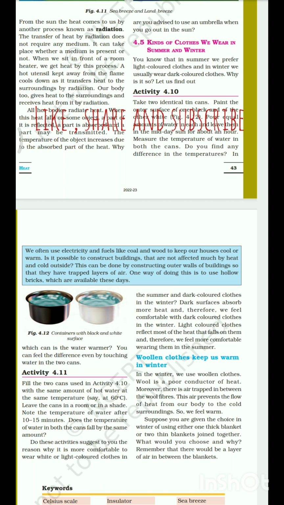We wear dark colored clothes in winter because they absorb most of the sun rays that fall on them, so we can become more warm.